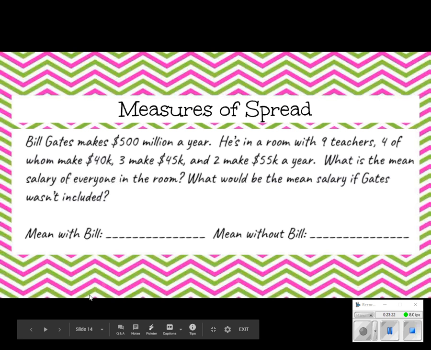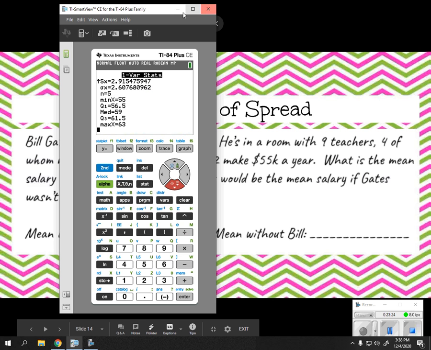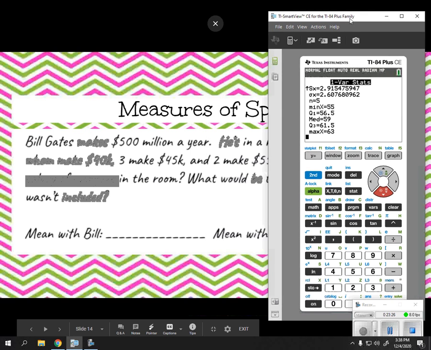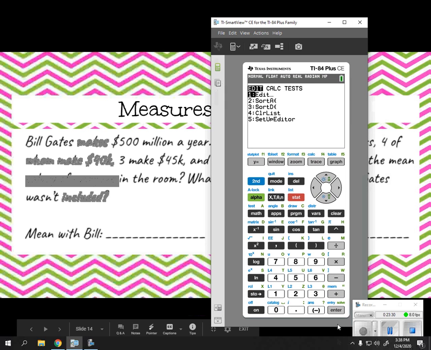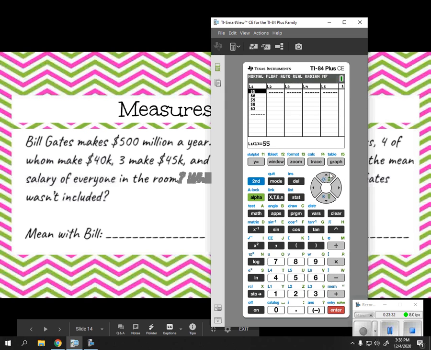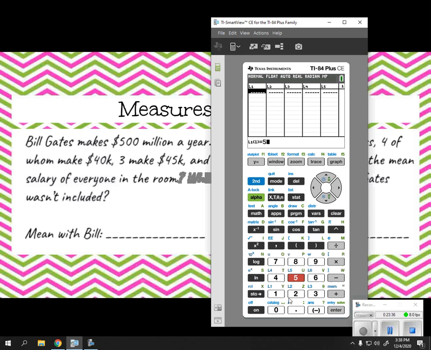So let's pull up the calculator. We're going to do stat. Gotta get it to where I can hit my button and enter, and then we're going to put in Bill Gates, 500 million. It's going to put it in scientific notation.